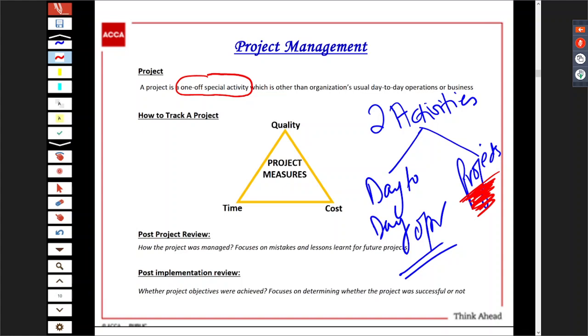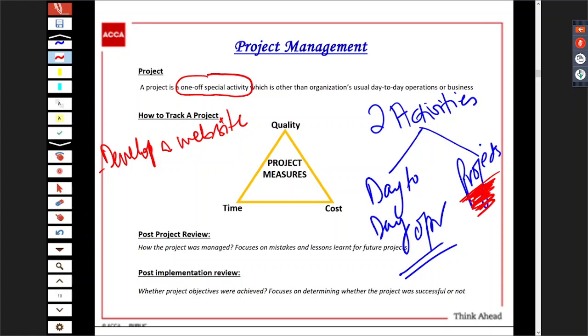For example, let's say I want to develop a website. Right now the company doesn't have a website, and they want to develop one because there is a lot of demand for online business. So developing a website, is it a one-off task, or is it ongoing?